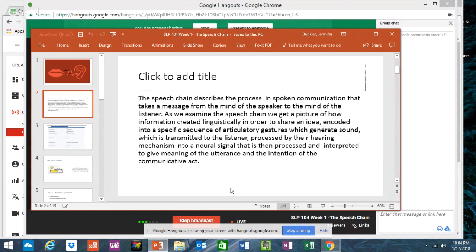The listener's ear interprets the message, and that listener's ear hearing mechanism translates the message into a signal that they give meaning to.